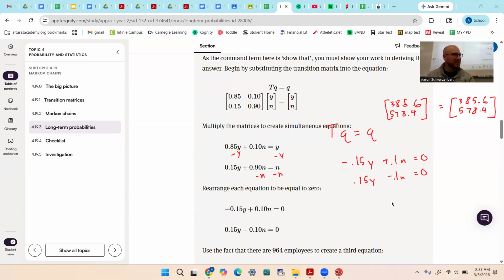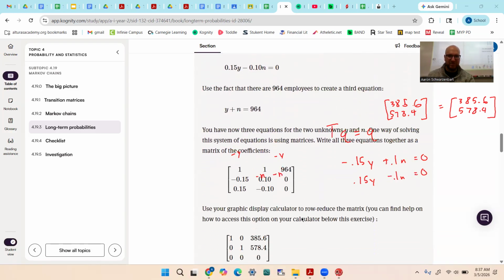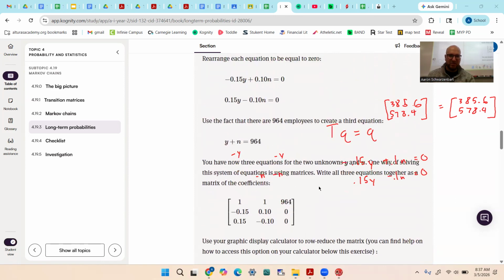Don't try solving this as a linear system. You'll get 0 equals 0. We also know that y plus n equals 964. So we're going to make a matrix out of the 3 things here. Y plus n, that's the total amount. Y being those that go to the cafeteria, n being those that don't.